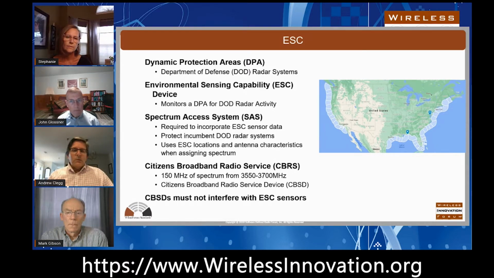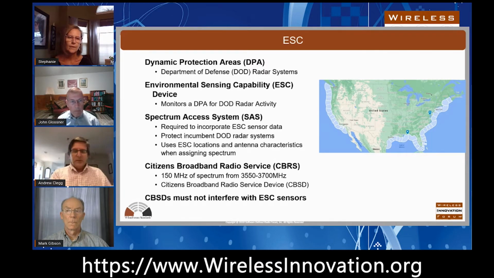So one of the things to keep in mind about an ESC is, again, it's this network of sensors. There's a few hundred sensors total among all of the ESC networks that are operating in the United States today. And those sensors themselves have to be fairly sensitive because you may not be able to tell from the scale of the map here, but those DPAs extend beyond about 200 kilometers off the coast of the United States.